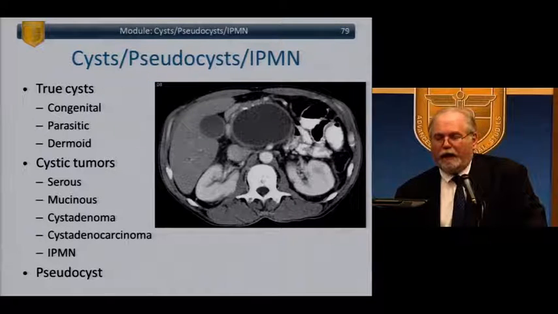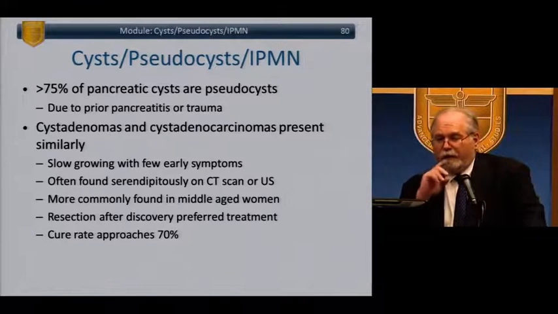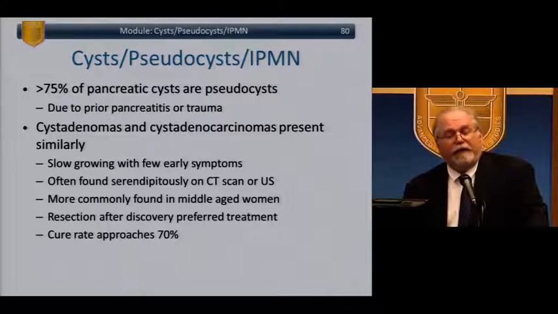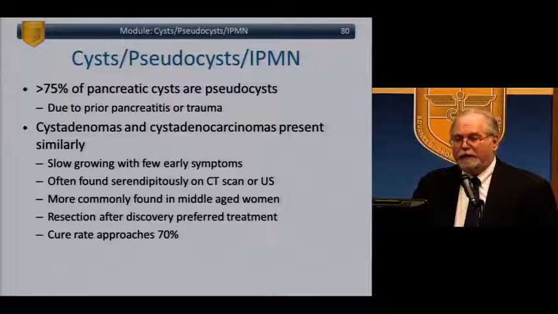So, we're going to talk about pancreatic cysts. We are not going to talk about true cysts because they're rare. We're going to talk a little bit about parasitic cysts and about cystic tumors and pseudocysts. About 75% of pancreatic cysts are pseudocysts due to prior pancreatitis or trauma. Cystadenomas and cystadenocarcinomas present similarly.